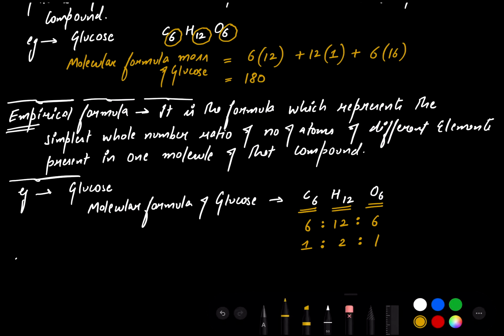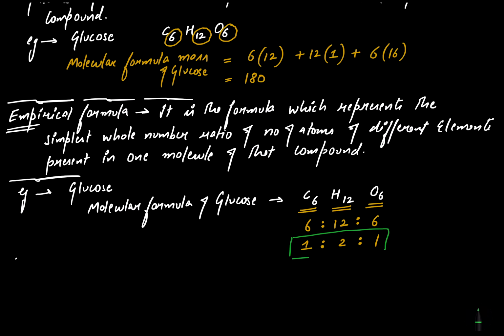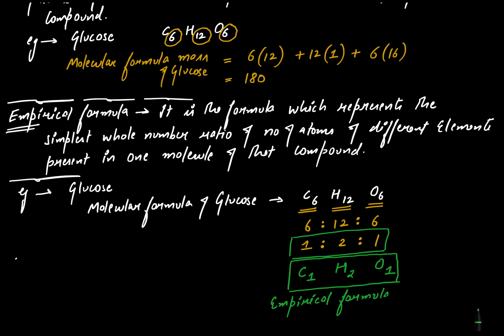Now I will use this simplest whole number ratio to show another formula, with carbon 1, hydrogen 2 and oxygen 1. So C1H2O1 comes out to be the empirical formula, as this empirical formula is representing the simplest whole number ratio of different atoms, that is carbon, hydrogen, oxygen in one molecule of glucose. So it's the empirical formula for glucose.